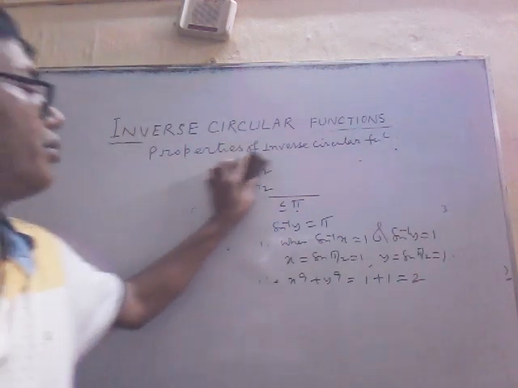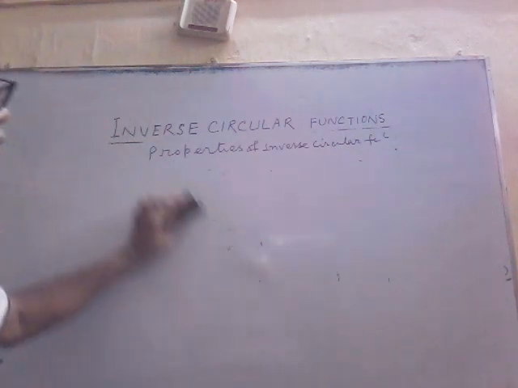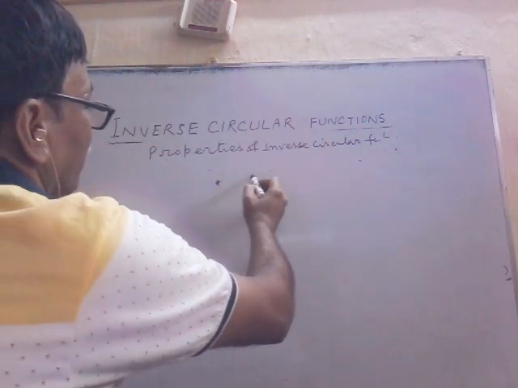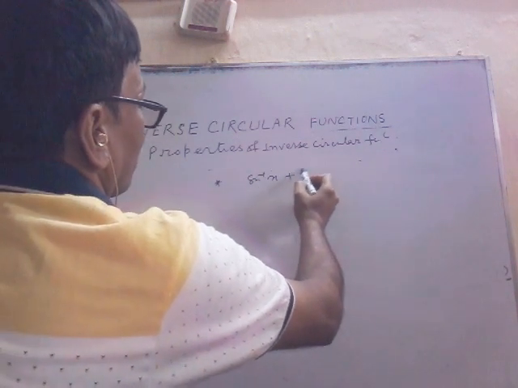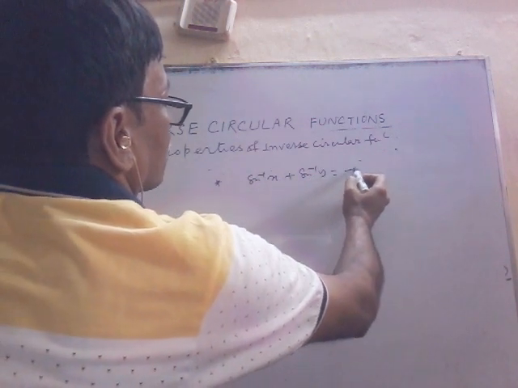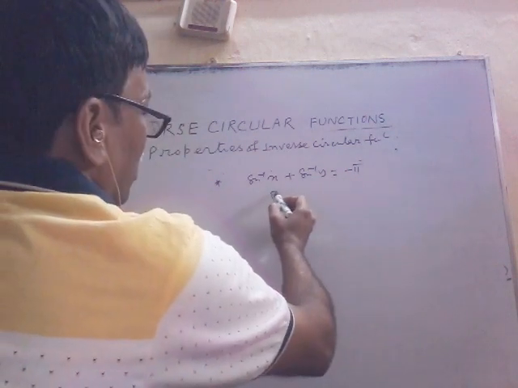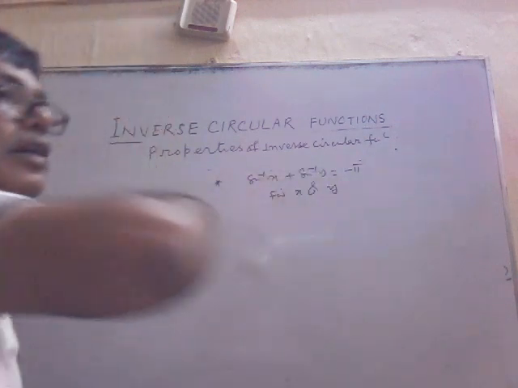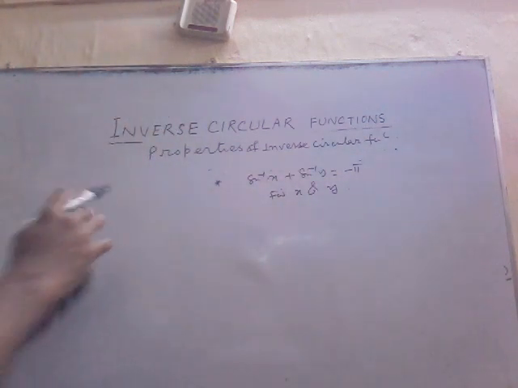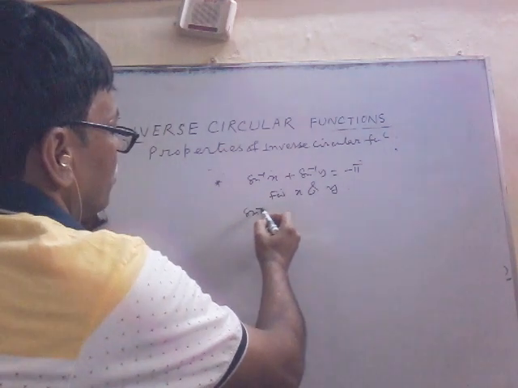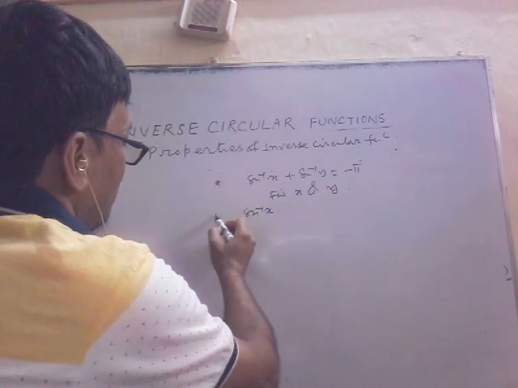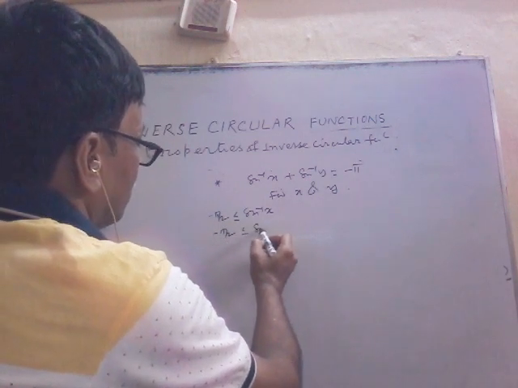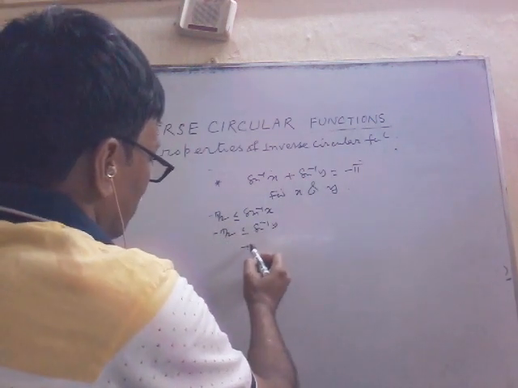Similarly, you can solve the remaining problems. Now look, if minimum values are given: sine inverse x plus sine inverse y equals minus pi, find x and y. Sine inverse x is greater than or equal to minus pi by 2, and sine inverse y is greater than or equal to minus pi by 2. So the sum is greater than or equal to minus pi.